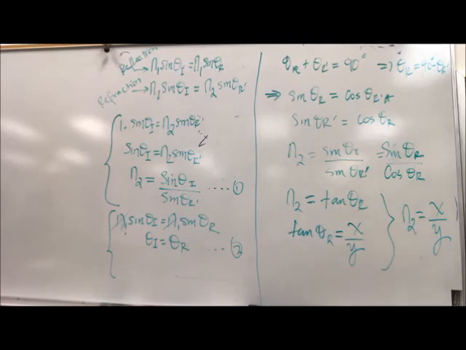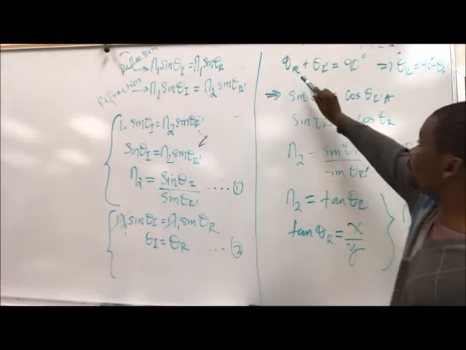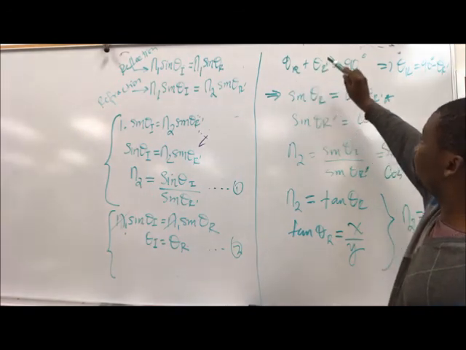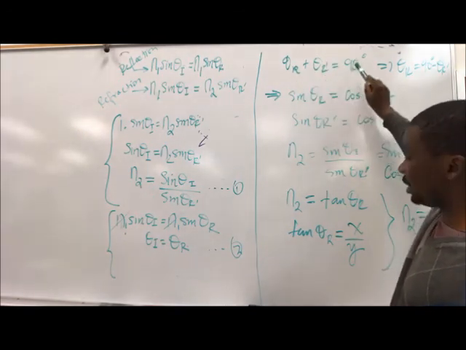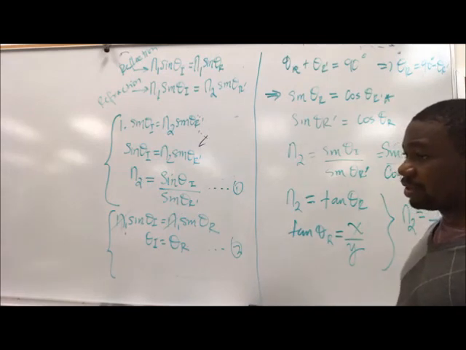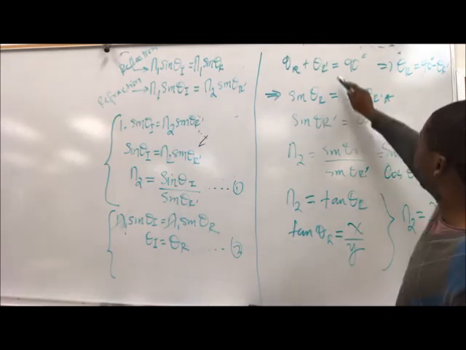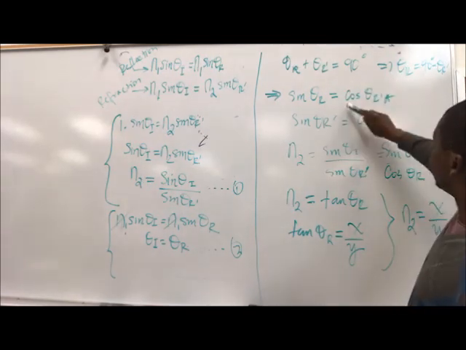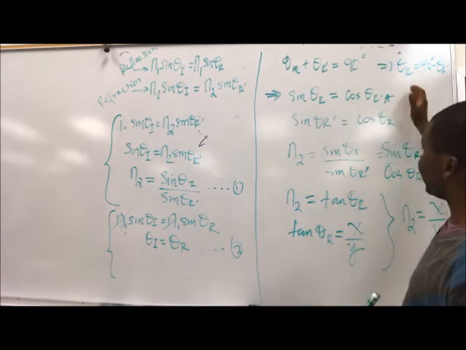What I want you to get out of this lab is two things. For this to be possible, we had to have the Brewster angle. The Brewster angle is the angle at which you have angle of reflection plus angle of refraction equal to 90 degrees. It's the angle at which we are able to create these trigonometric identities.